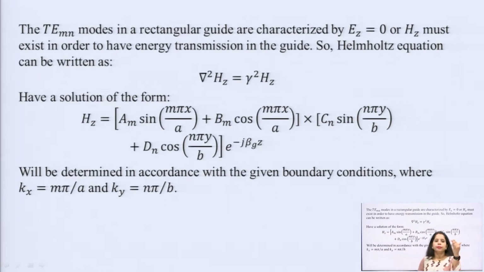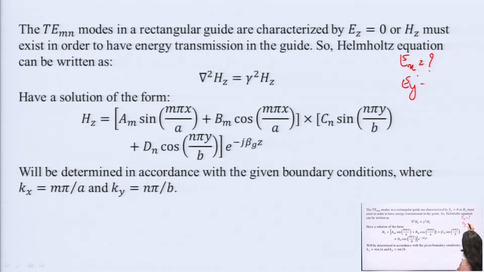Now, we will start with our description of the TE modes. That means, in here we will calculate all the electric and the magnetic field components which exist in the rectangular waveguide for a TE mode. So, when we talk about the electric field and magnetic field components, that means we are going to calculate Ex, Ey, and Ez.